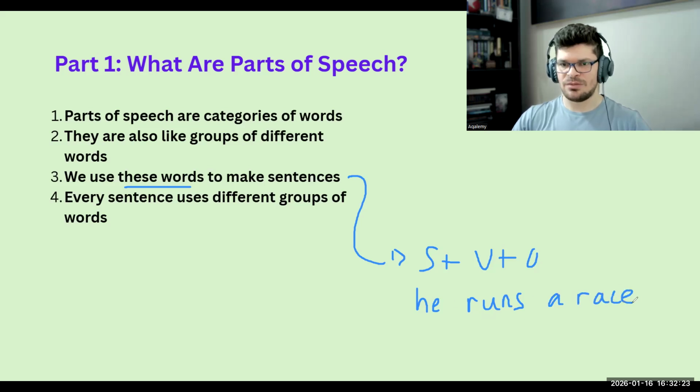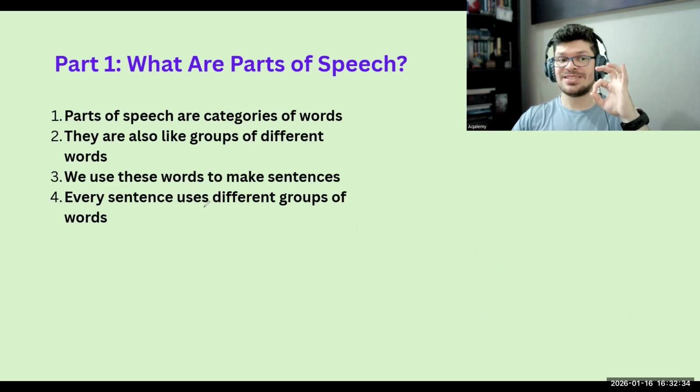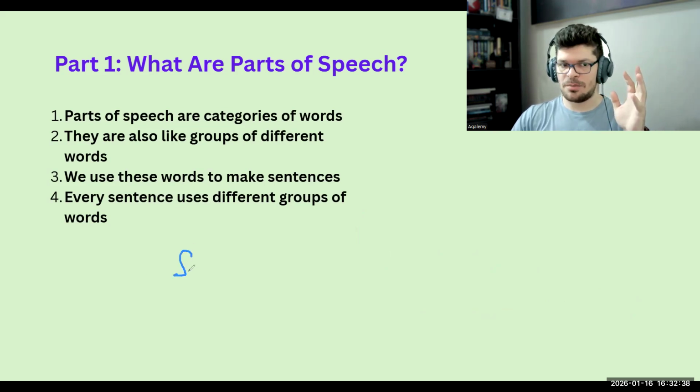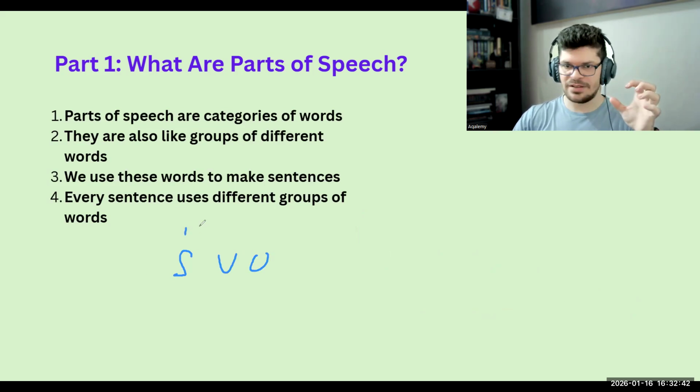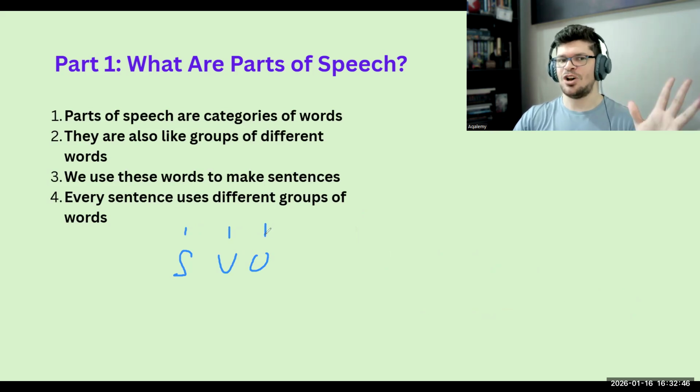Race is a noun. Event, something he goes to do, this race. Every sentence uses different words, very important. In this combination, it tells us the subject is different from the verb, and the verb is not the same as the object. All different words. Okay.